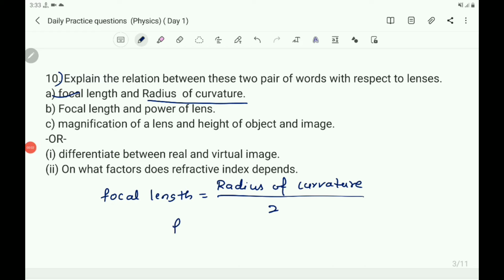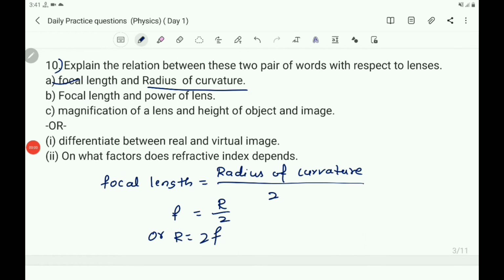That you can write F equals R by 2. That is radius of curvature is twice of the focal length. Or you write R equals 2F. Radius of curvature is twice of the focal length.